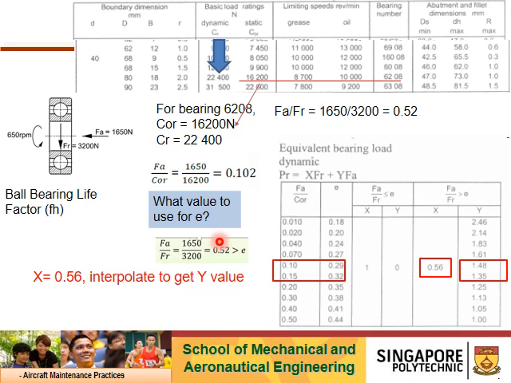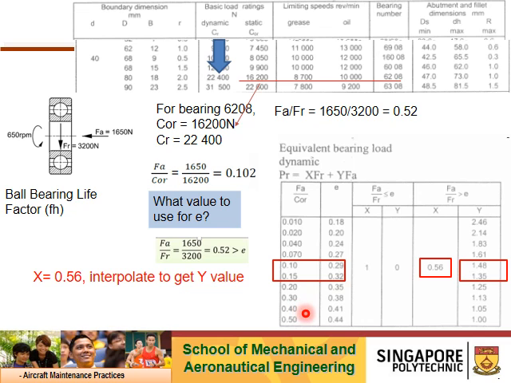So what happens if your e value is exactly the value? That means when you divide Fa over Cor, you get 0.10. So be it, life is good. In that situation, you follow the same steps and you find that it's still the same result, a direct reading with X 0.56 and my Y 1.48, if your Fa over Cor is exactly 0.10.